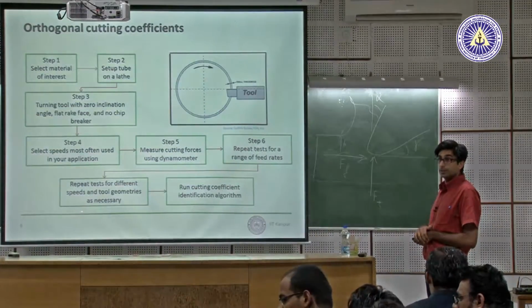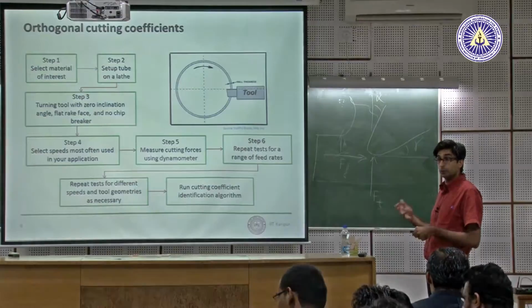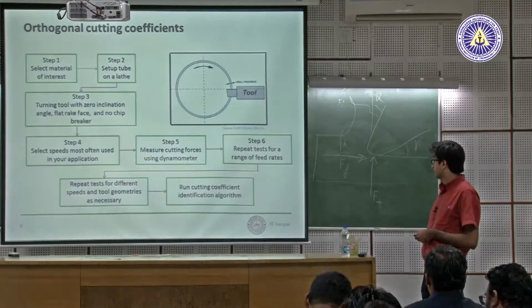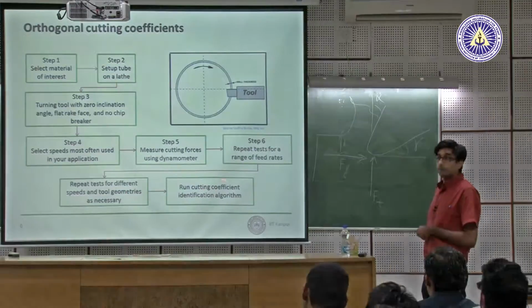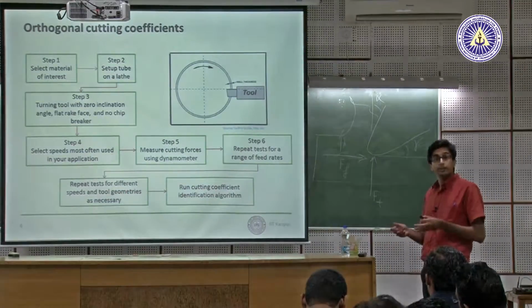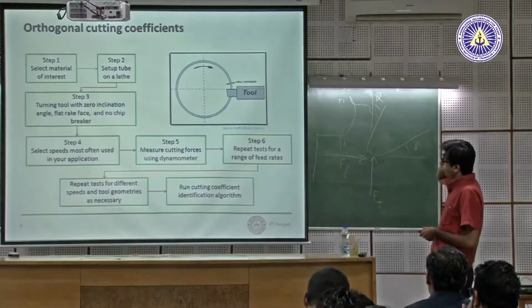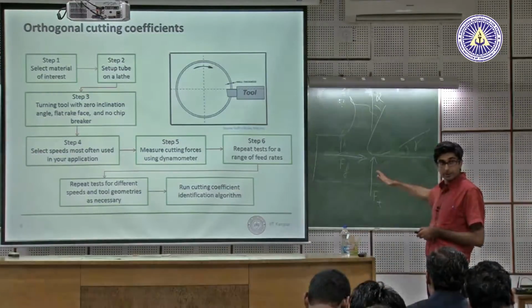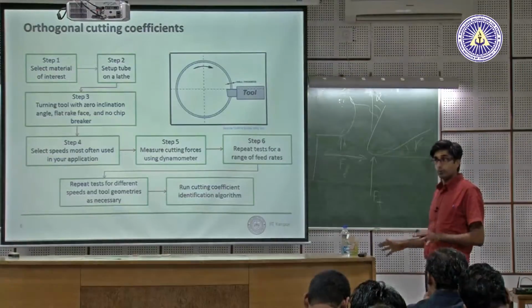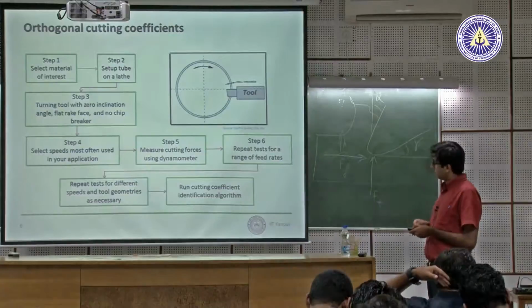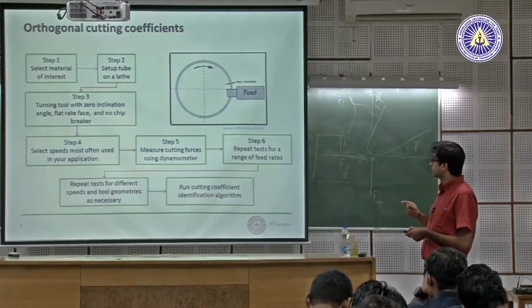If you're interested in seeing how this material behaves with different tools, you will also change tool geometry as necessary, and you will run a cutting force coefficient identification algorithm, which we'll talk about on the next slide. So this is essentially the sequence of steps that you will follow to identify these coefficients. Very simple sometimes, but not always.